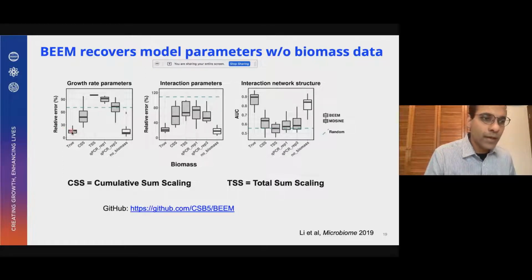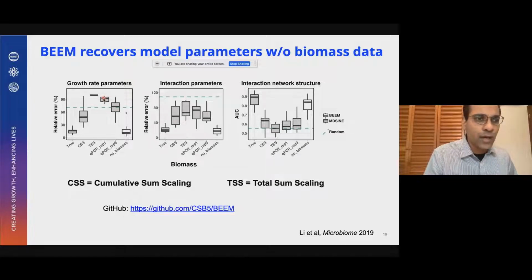I'm going to first start by comparing the true results with what we are calling CSS, which is the initialization start point for our algorithm, and the no biomass approach, which is our result. With CSS, or even a very simple total sum scaling, which is just working with the relative abundance as is, you can see that the performance is quite poor. The relative error is quite high for both growth rate and interaction parameters, and the network structure is almost as close to random in terms of its performance.